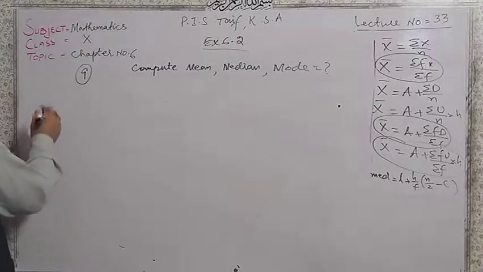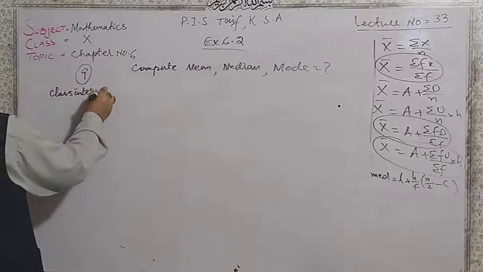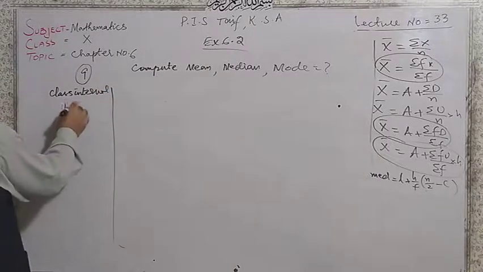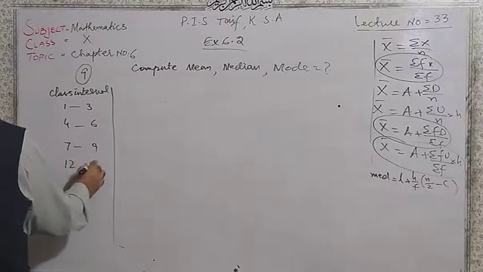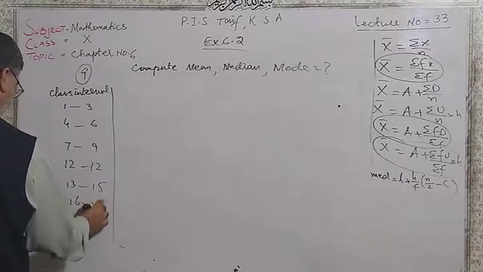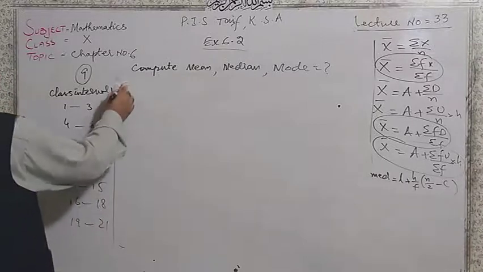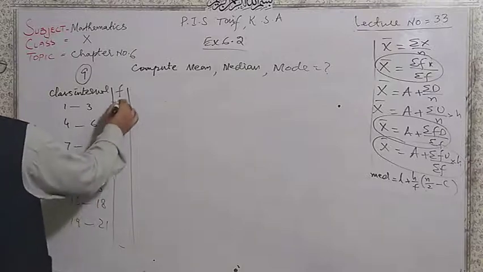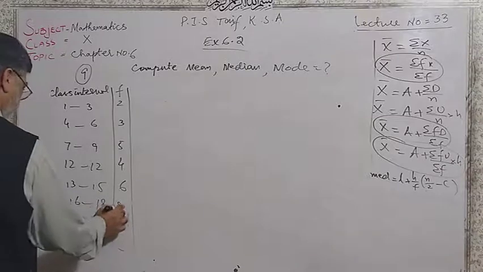We are given the class intervals 1 to 3, 4 to 6, 7 to 9, 10 to 12, 13 to 15, 16 to 18, 19 to 21. And the frequencies are 2, 3, 5, 4, 6, 2 and 1.